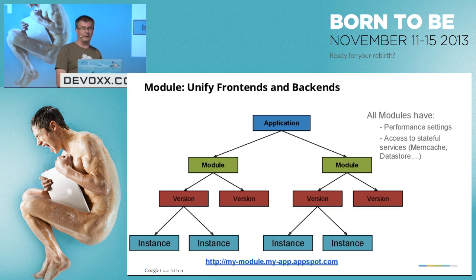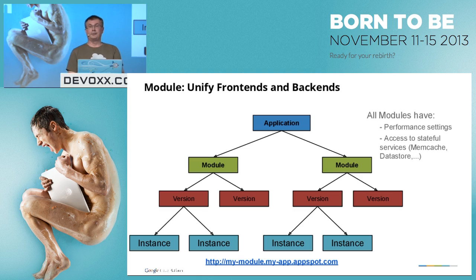Basically an application, my application, is composed of n modules, and each module has many versions, possibly, and those versions are independent. So you could have my front end having 10 versions from 1 to 10, and my backend having only 2 versions, V1, V2. And you can update those modules independently of each other as well.